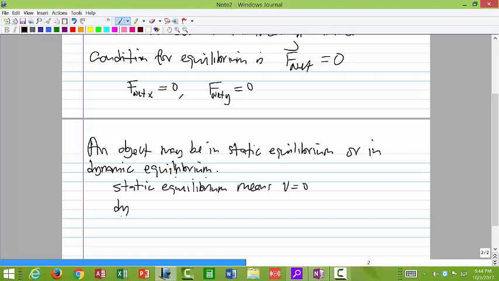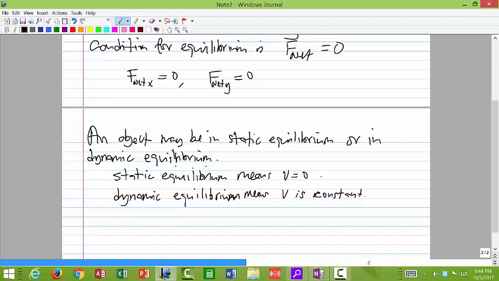And dynamic equilibrium means that v is constant. In either of those situations, the net force will be equal to 0.